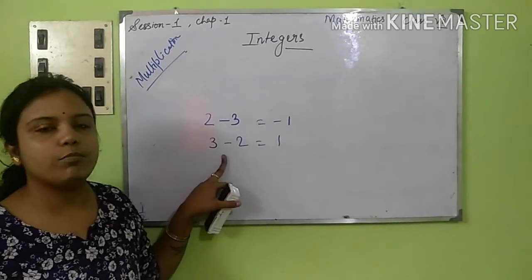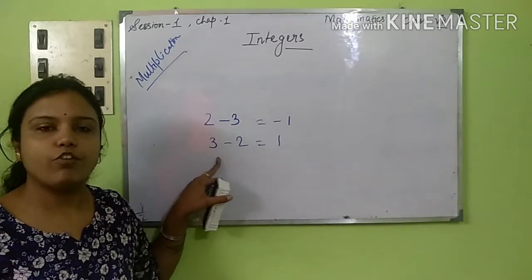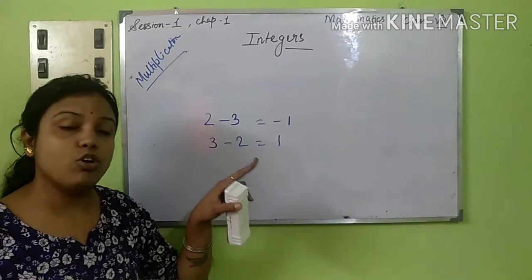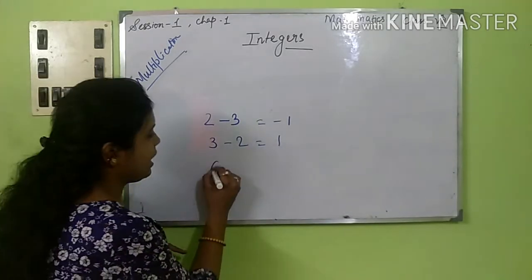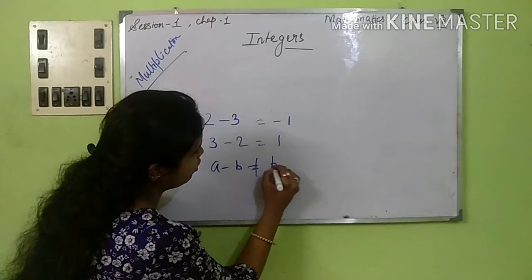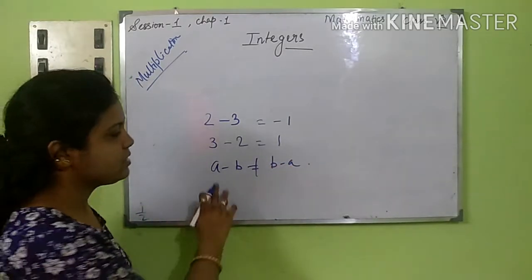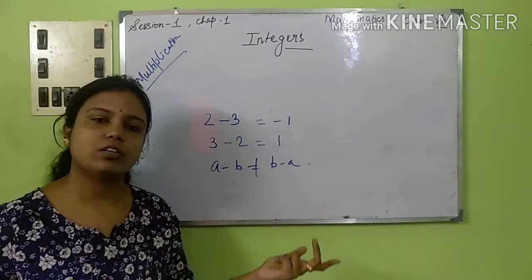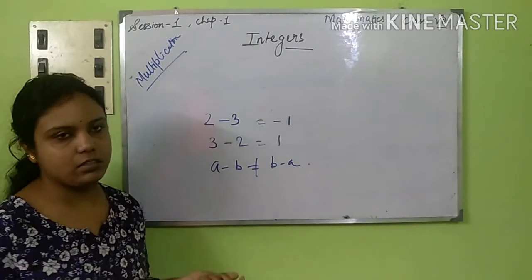So this is your formula for commutative property for subtraction. That is, a minus b is not equal to b minus a. This is the commutative property. It's not holding for subtraction. Same for the associative law, not holding, and the others also.